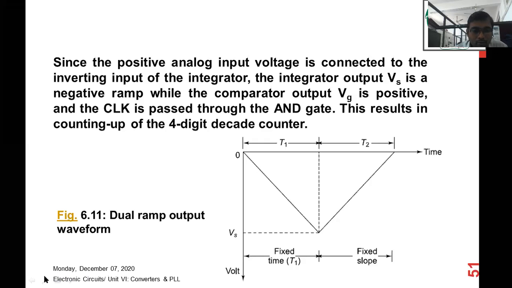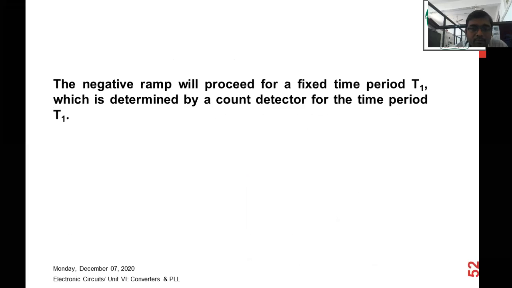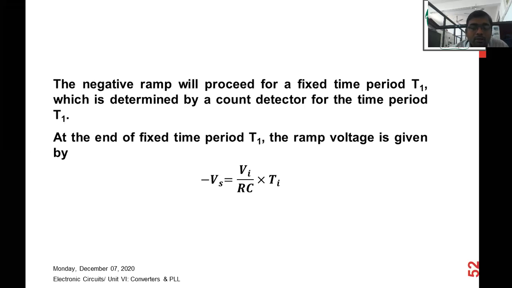You can represent the ramp voltage as minus Vs, because it is negative, equal to Vi upon Rc into T1.